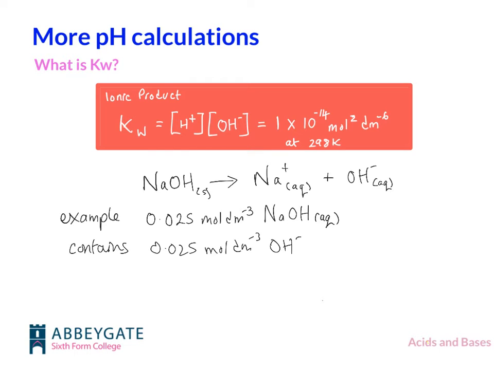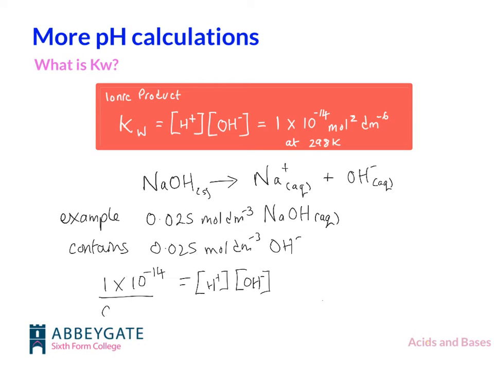So if we know that Kw is 1 times 10 to the minus 14, and that's our hydrogen ions times the hydroxide ions, then if I want to work out the hydrogen ions, I need to divide Kw by the concentration of the hydroxide ions.